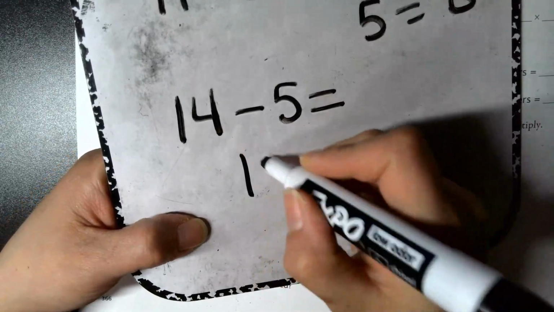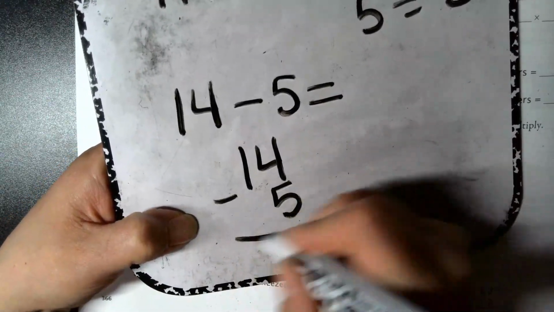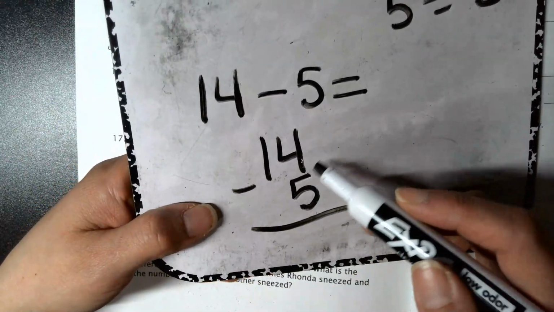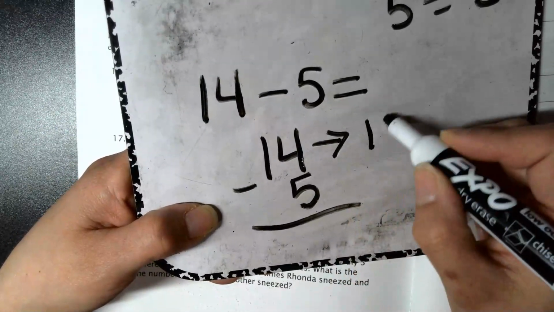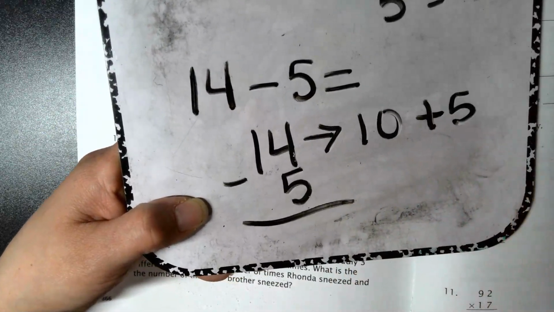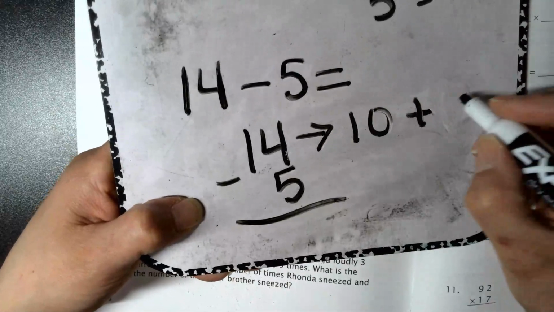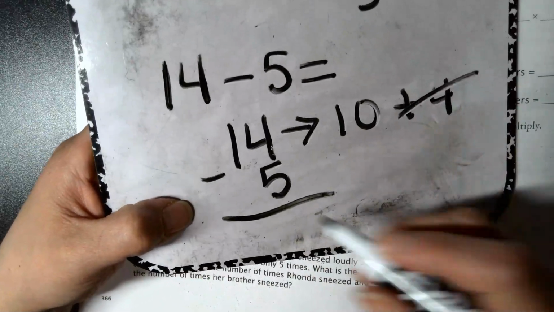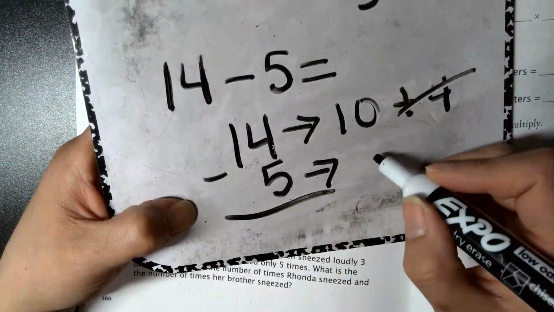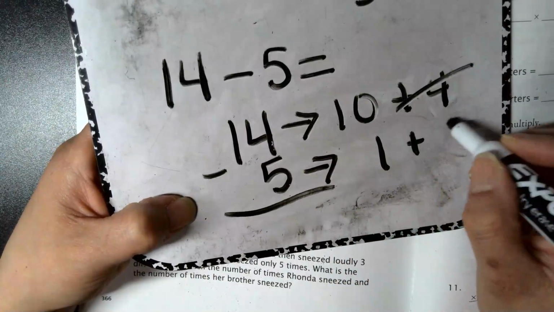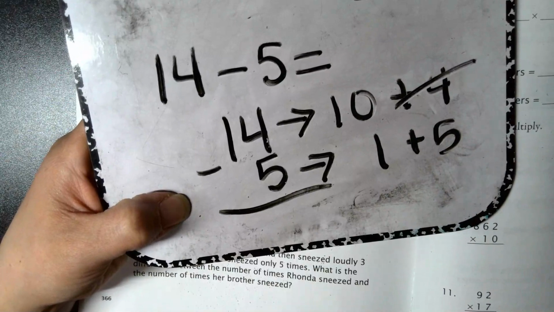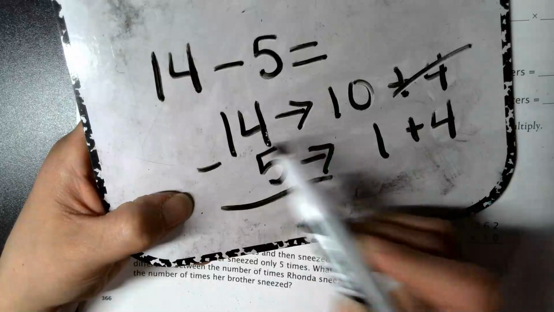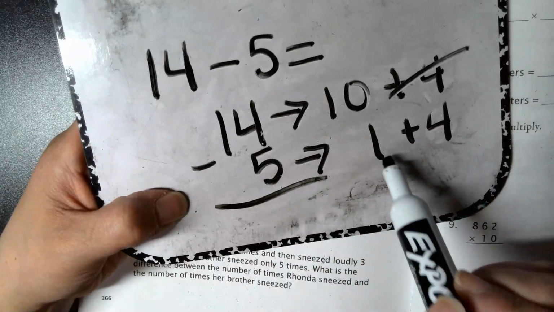So 14 minus 5, if you're trying to take 5 away from 14, you know right here you have 4, but you just need 1 more. 14 breaks out into 10 plus 4, and 5 equals 1 plus 4.